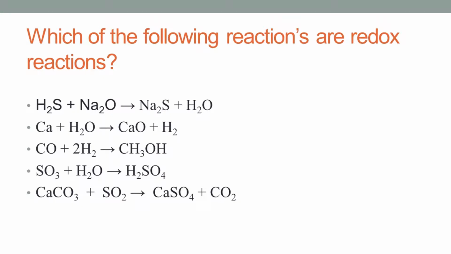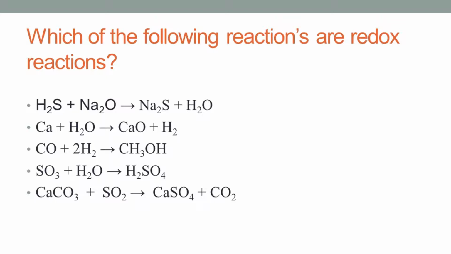Here are some examples where you can practice identifying oxidation and reduction. Interestingly, the first example is unique. The sulfide in hydrogen sulfide and the sulfide in sodium sulfide, they both have the same oxidation number of -2.